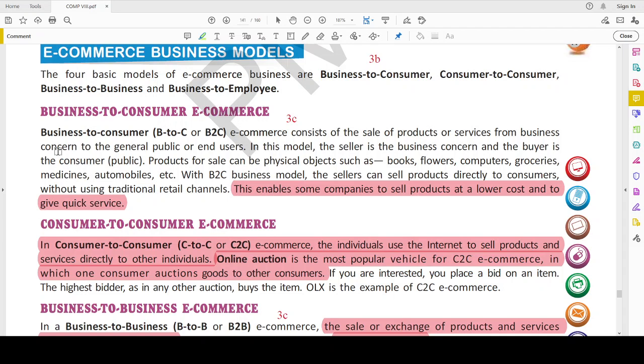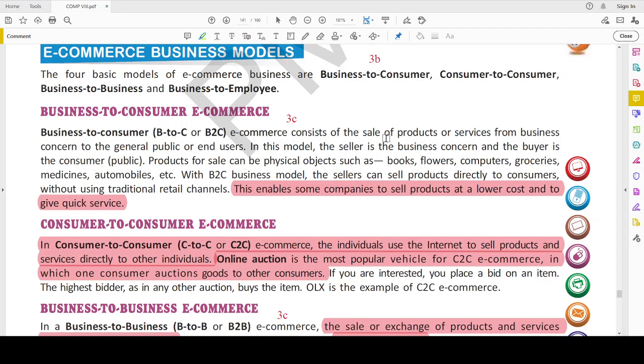Business to consumer e-commerce consists of the sale of products or services from a business concern to the general public or the end users. So it may be products or it may be services from the business concern to the end users.